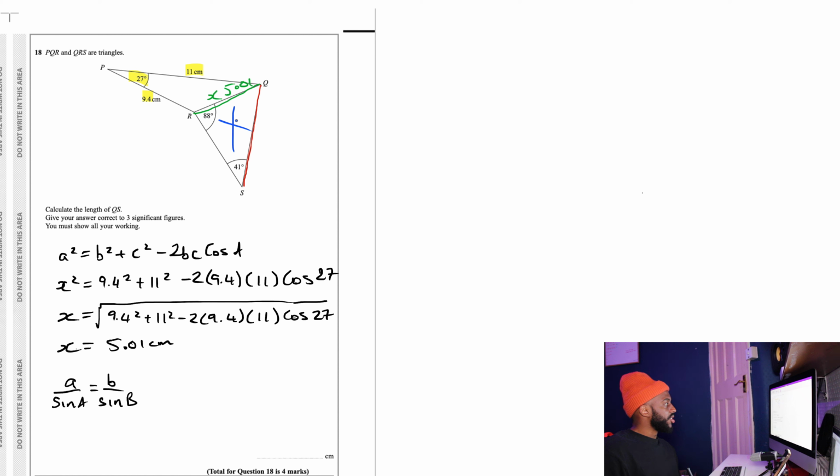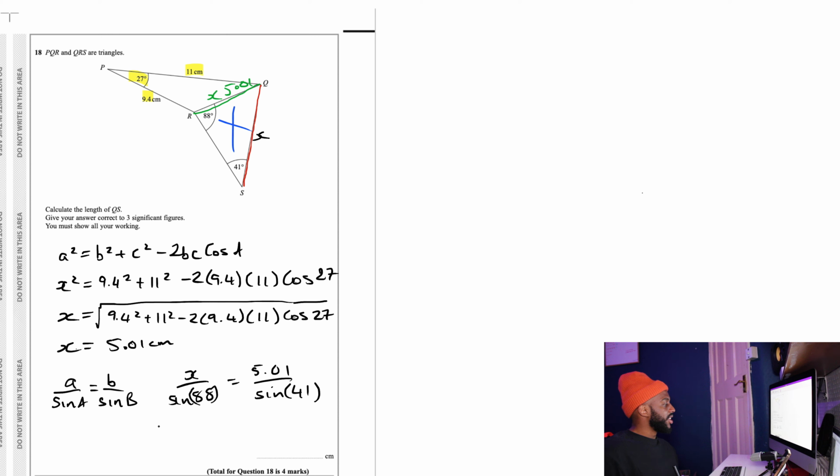Just going to draw a cross there to show you the opposite angles. So opposite the 5.01 length is 41 degrees. So just going to write that there. So 5.01, that's opposite 41. And our x value, which is now the red line, is opposite 88 degrees.